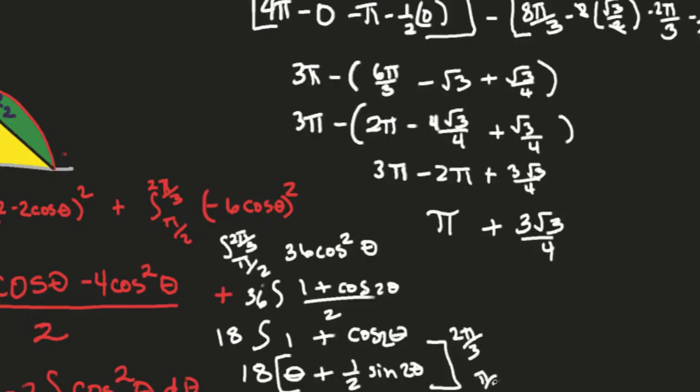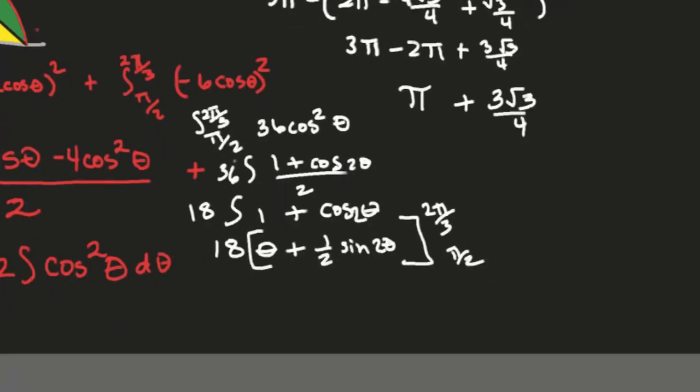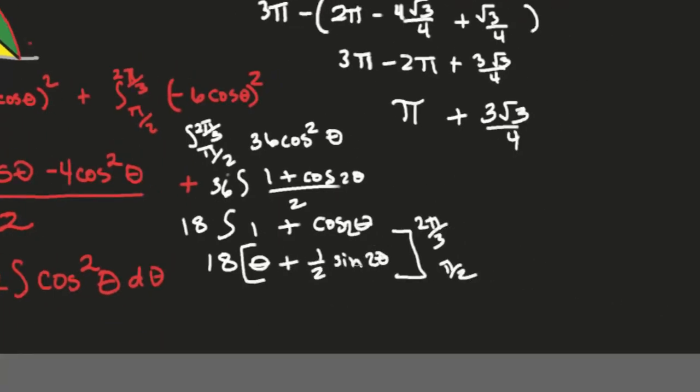Any questions? So then when you plug in, you're going to get 18 times pi over 2 plus, oop, no, I should have done the other one first, sorry. 2 pi over 3 plus sine of 4 pi over 3, which we already know is negative root 3 over 2.